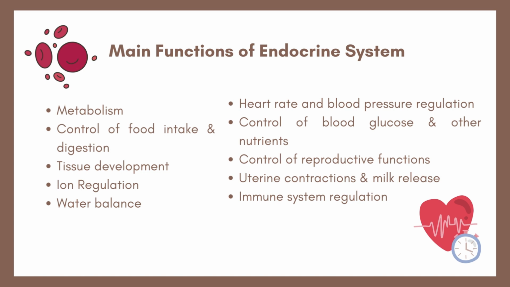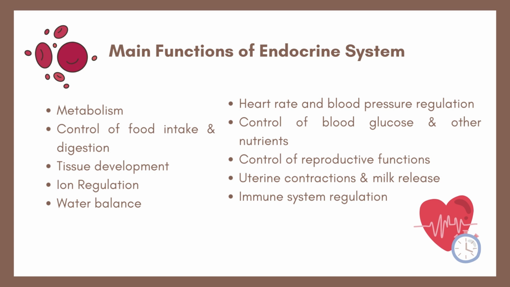Next is the control of glucose and other nutrients, meaning the endocrine system regulates the levels of glucose and other nutrients in the blood. Next is the control of reproductive functions. The endocrine system controls the development and functions of the reproductive systems in males and females. Another function is uterine contractions and milk release.